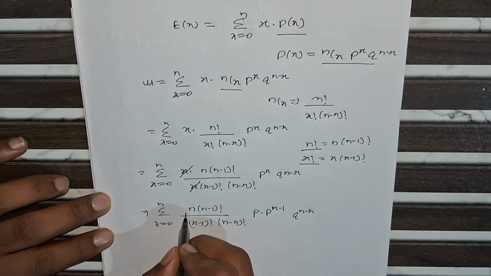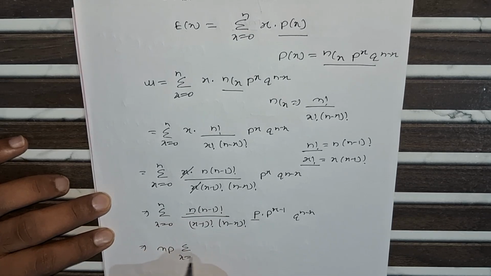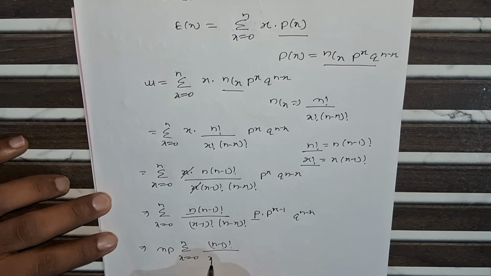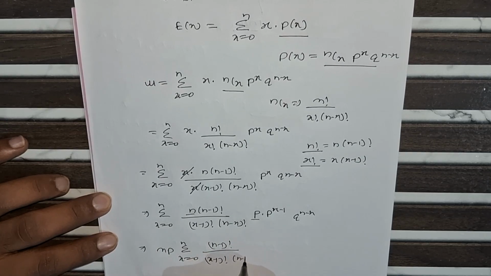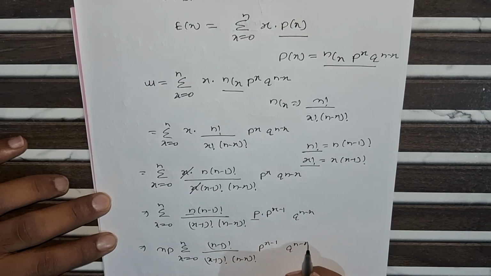So we can take n and p outside. So np summation of x equals 0 to n, n minus 1 factorial divided by x minus 1 factorial into n minus x factorial, p to the power x minus 1 q to the power n minus x.